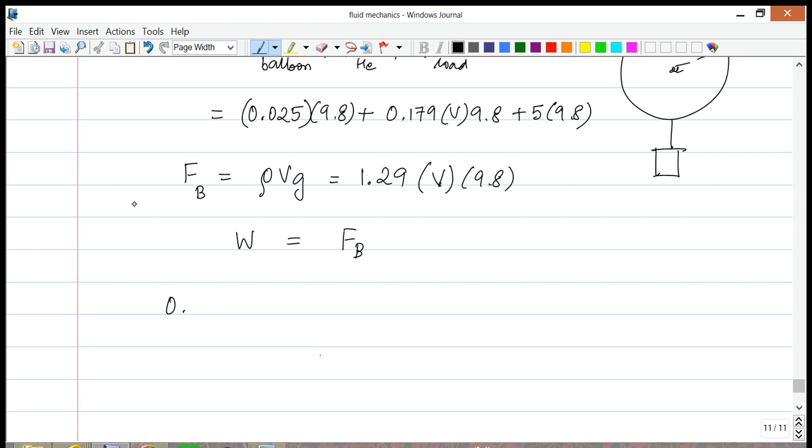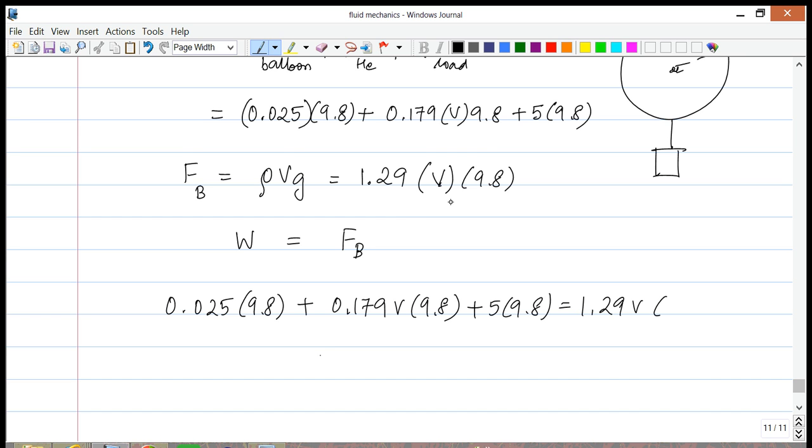So now we have 0.025 times 9.8 plus 0.179 V times 9.8, plus 5 times 9.8 equals 1.29 times V times 9.8.